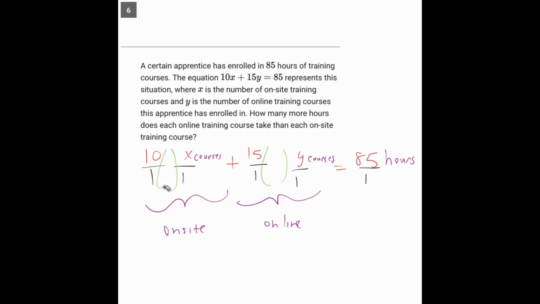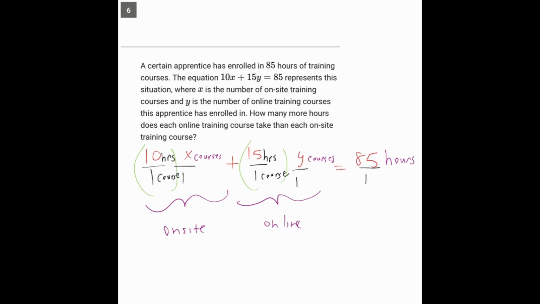And I'll actually open the parentheses so they include the numbers themselves. But in other words, 10 has to be the number of what's so that when we combine it with courses, we end up with hours. And there's only one way to answer that question. 10 has to be the number of hours for every course. And same thing for 15. 15 has to be the number of hours per course.